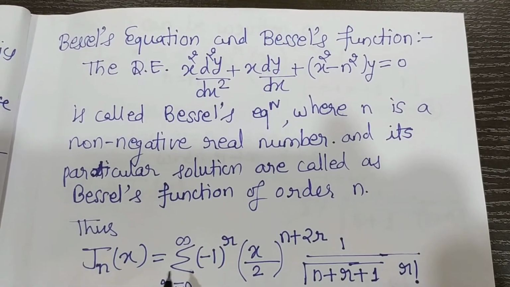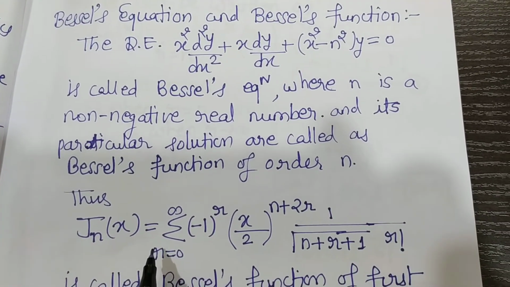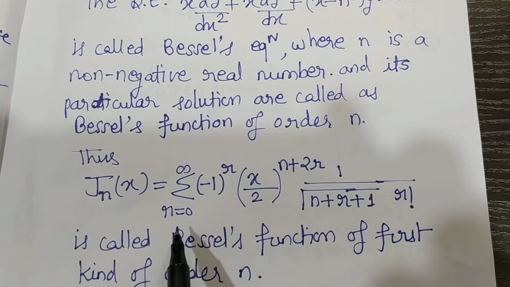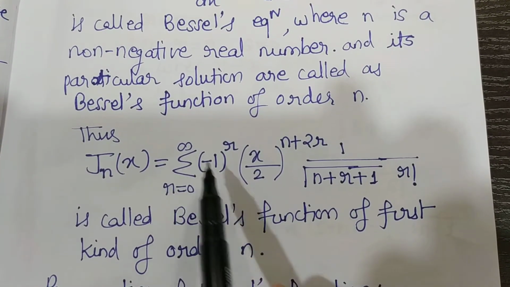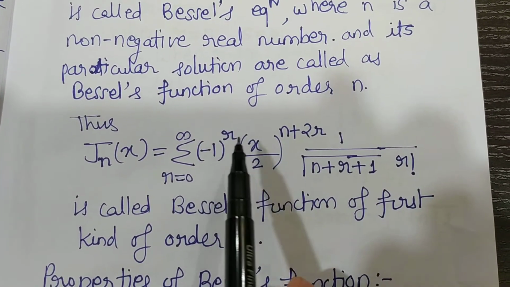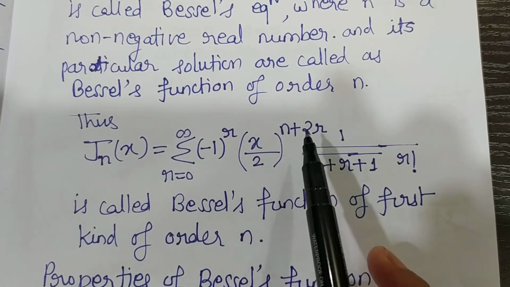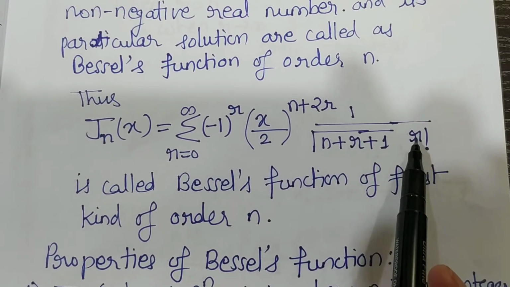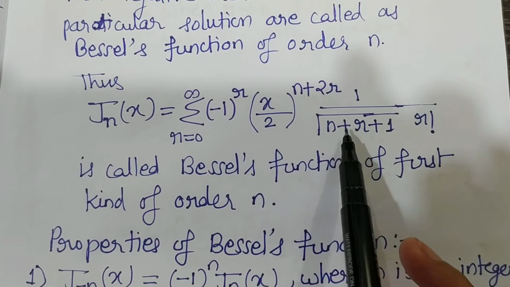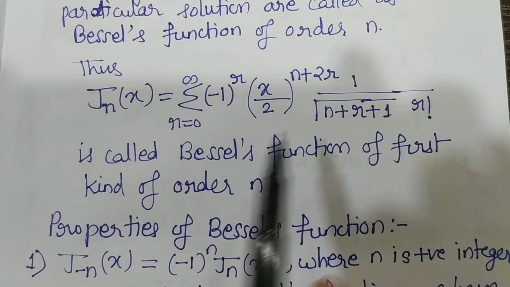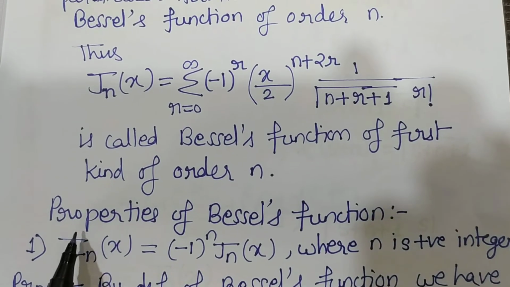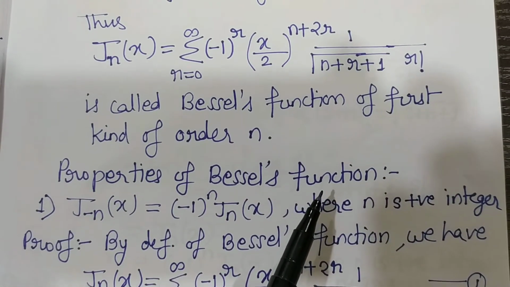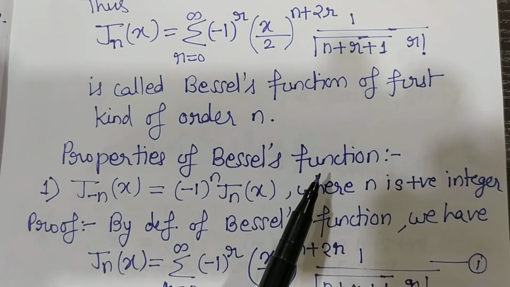Thus, Bessel's function is given by Jn of x equal to the summation from r equal to 0 to infinity of (minus 1) raised to r, (x by 2) raised to n plus 2r, times 1 upon r factorial into gamma of n plus r plus 1.